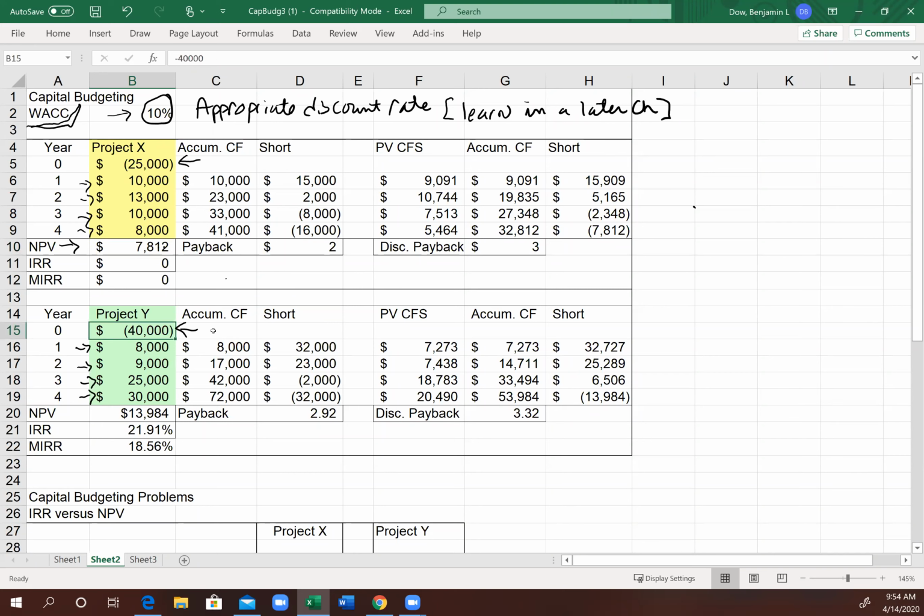Project Y would have a net present value of 14,000 almost. So 8,000 versus 14,000.